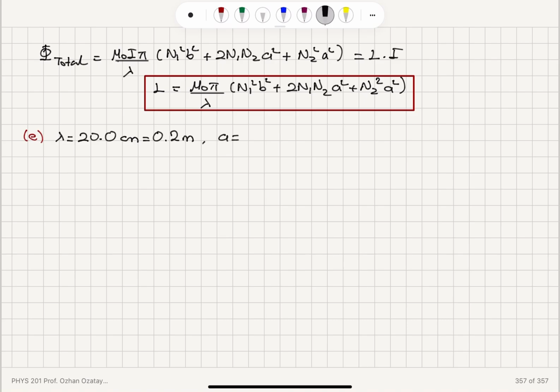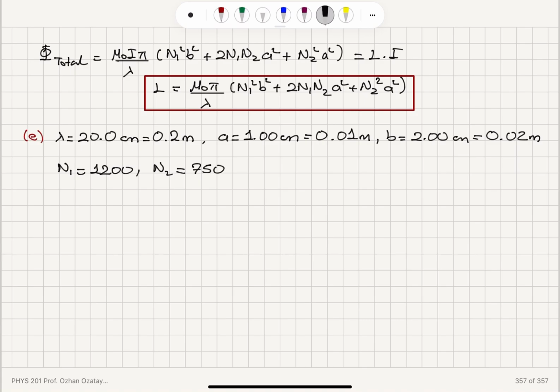The radius a is 1 centimeter, which is 0.01 meters. The radius b is 2 centimeters, which is 0.02 meters. Number of turns in the outer solenoid is 1200. Number of turns in the inner solenoid is 750.